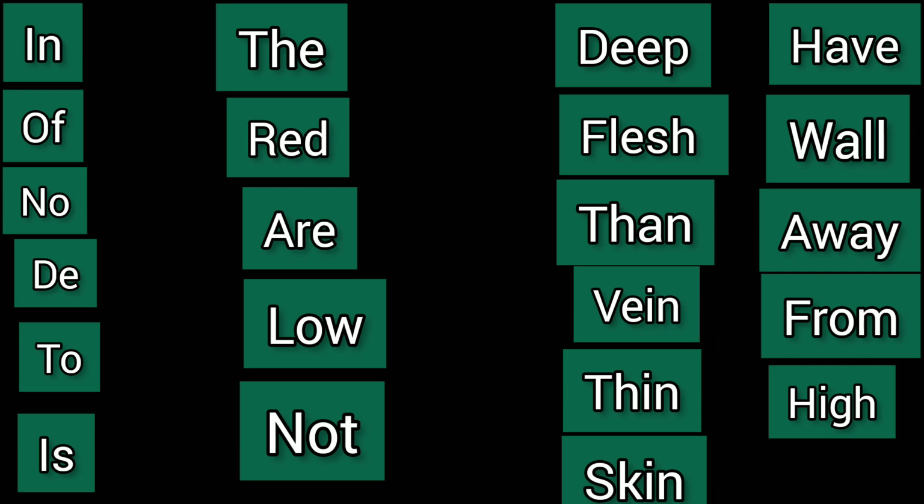So these are the list of 2-letter, 3-letter, and 4-letter words we're likely going to see in today's comprehension. So read with me. In, of, no, the, to, is. To 3-letter words we have the, red, are, low, not.